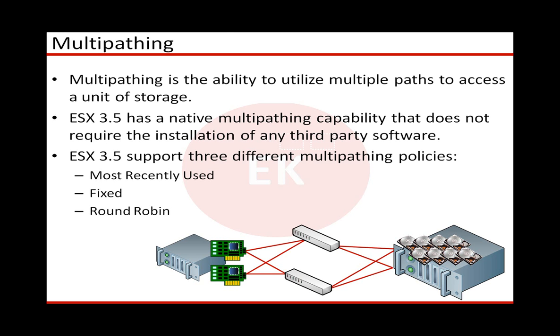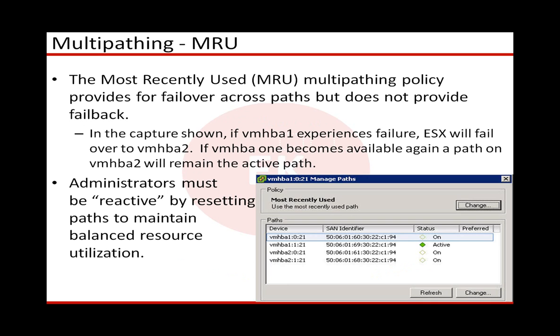Now, with most recently used, this approach is typically reactive. You're reacting to a problem, you're not being proactive here. The reason I say that is because the most recently used multipathing policy provides failover across paths but does not provide failback.